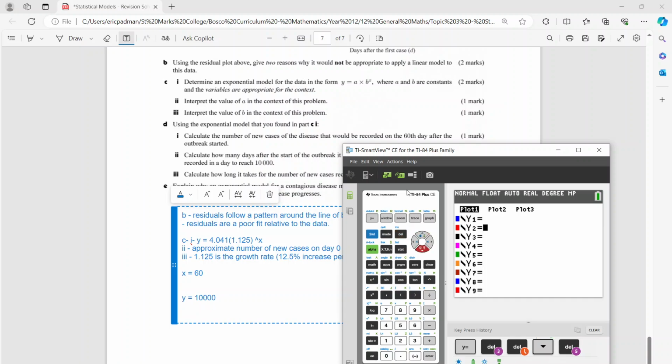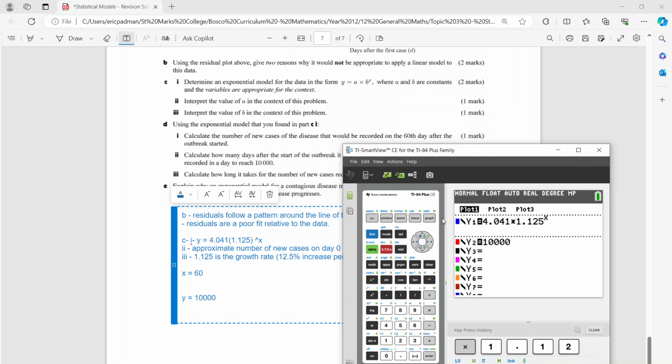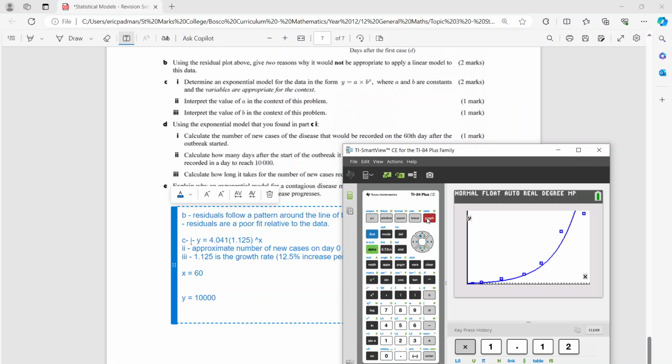Whoops, too many zeros, I'm getting ahead of myself. Now I'm doing this one: 4.041 times 1.125 to the power of the variable. Graph these. There's our model.